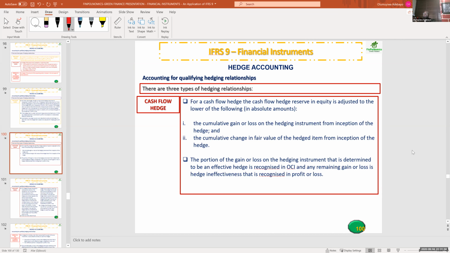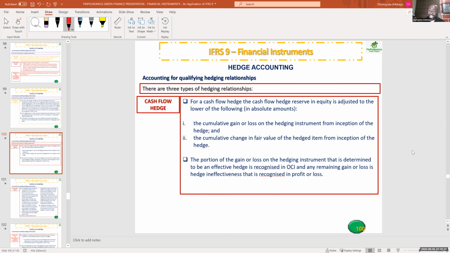The 20% of it, which is 20,000 naira that is ineffective, will be recognized directly in profit or loss, while the 80%, which is 80,000 that is effective, will be warehoused and reported through other comprehensive income, pending when in future, when the hedged item has cash flow impact that affect your profit or loss, you will now recycle what you have more or less recognized in OCI over time to your profit or loss.